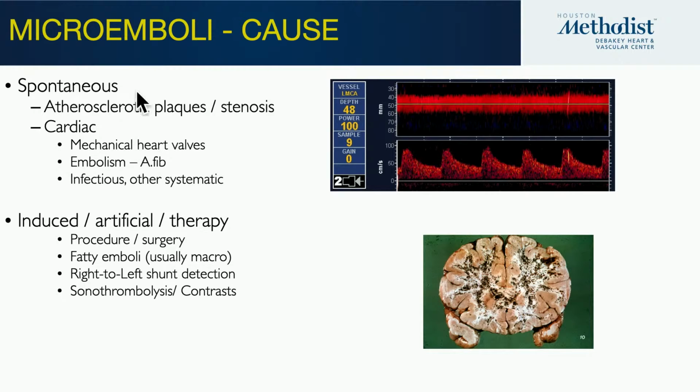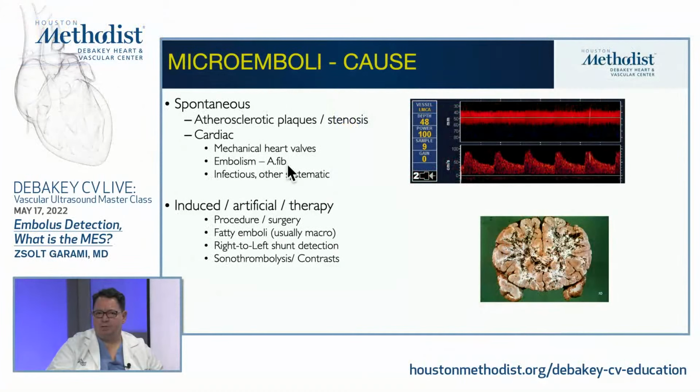One of our interests in our hospital is to monitor heart valve procedures, and also, after you implant a heart valve, whether they embolize or not. Another huge interest is AFib embolization. When we monitored a mini MES procedure, there's not much embolization when you're burning the heart from outside.